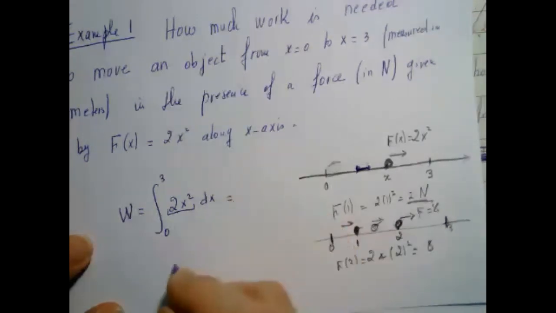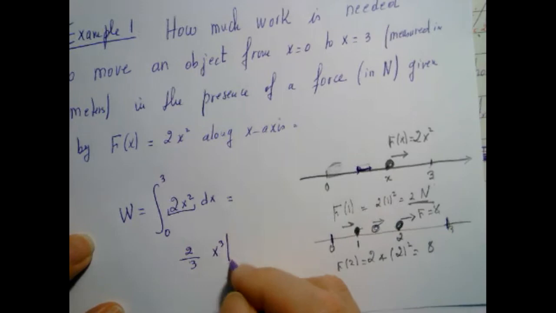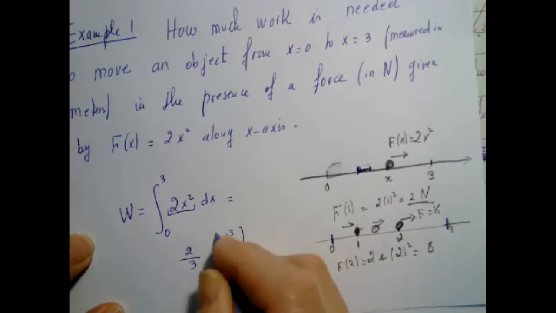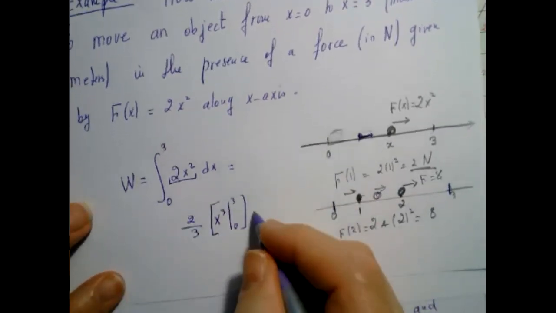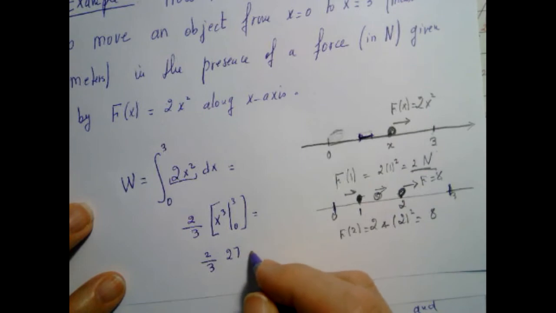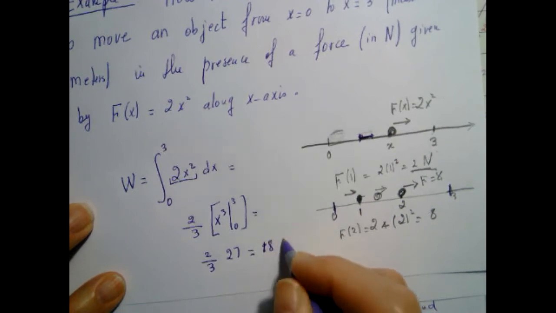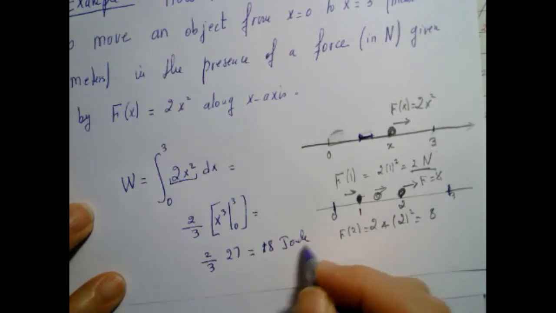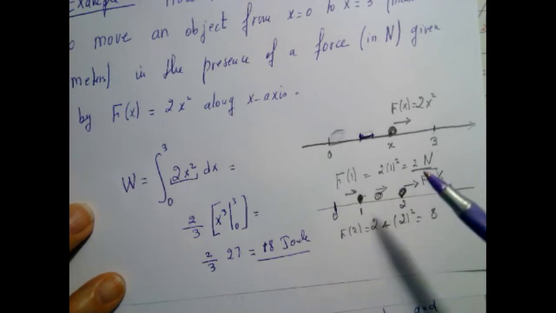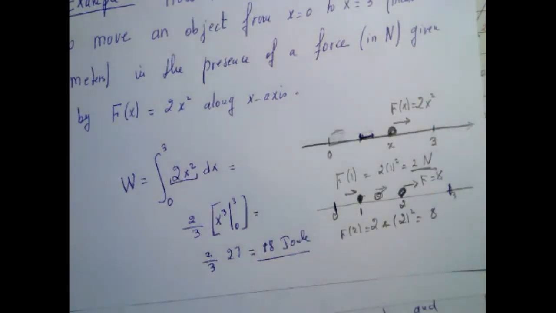So this is going to be equal to 2/3 x cubed between 0 and 3, which is 2/3 times 27 minus 0, which is equal to 2 times 9, 18 joule in this case, because my units are meter and Newton, which give me joule.